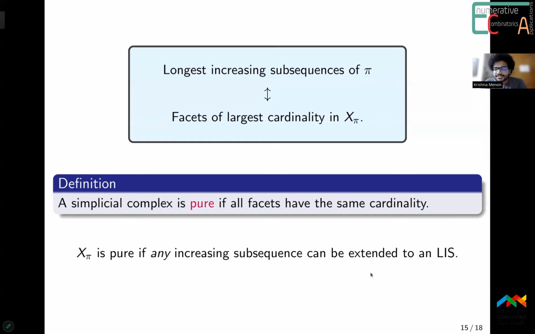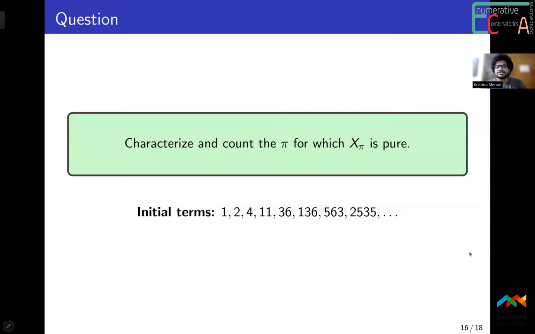That is, you start with any increasing subsequence, and you'll be able to add terms to it so that it becomes a longest increasing subsequence. So this, I think, is a very nice property that a permutation can have. So the question is to try to characterize and count the permutations that have this property.